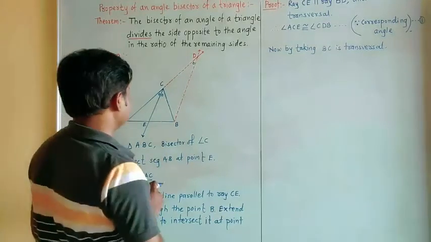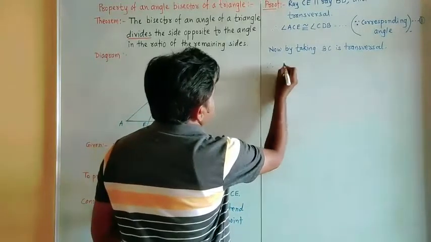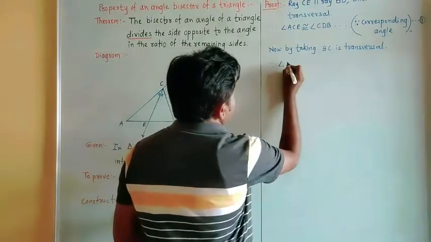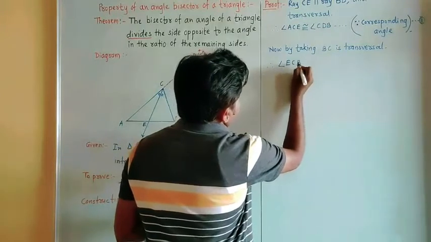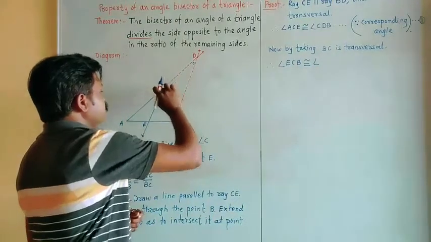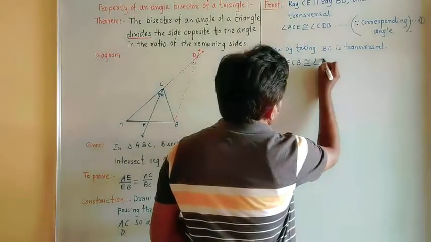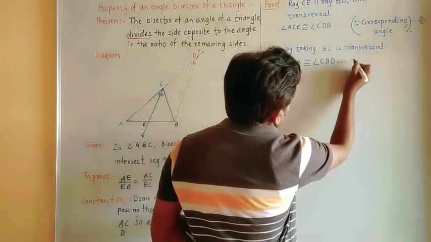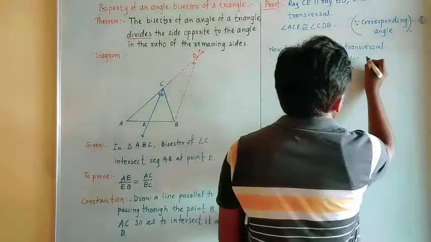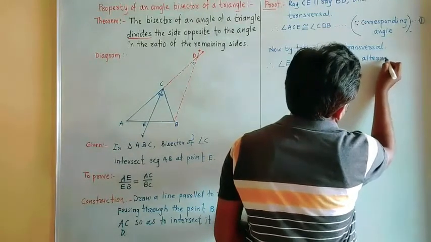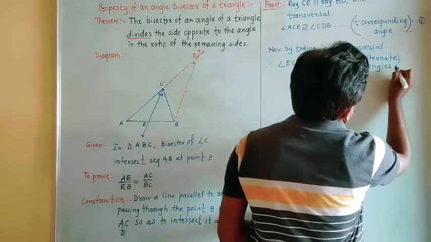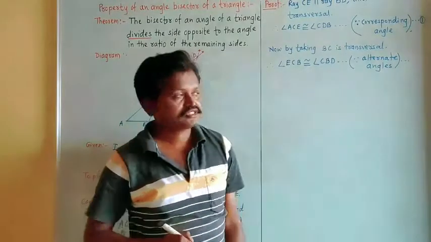So I write: therefore angle ECB is congruent to angle CBD. The reason is that they are alternate angles. And this is our second statement, 2.